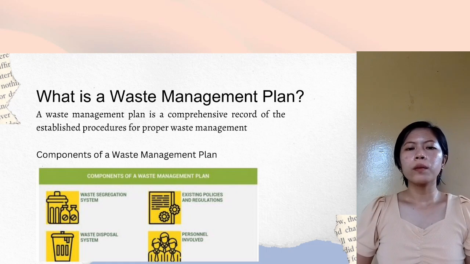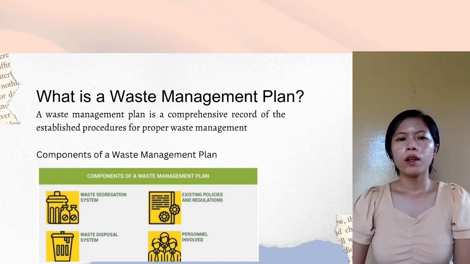It is also an approach where companies implement comprehensive strategies to efficiently manage wastes from their origin until their final disposal. Possible waste disposal methods are recycling, composting, incineration, landfills, bioremediation, waste to energy, and waste minimization.